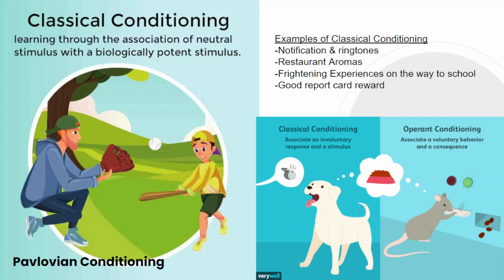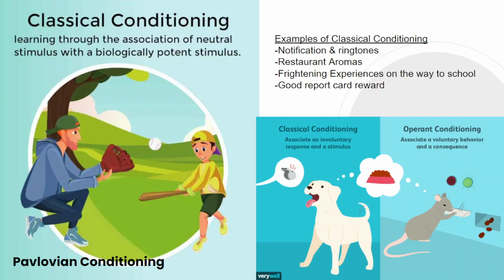Some examples that you might see of classical conditioning would be ringtones, notifications. If you hear your notification on somebody else's phone, when you hear that sound, you're kind of conditioned to pull out your phone and check it, even if it's on someone else's phone. You might start to salivate yourself when you smell something cooking in a restaurant as you walk by on the sidewalk.